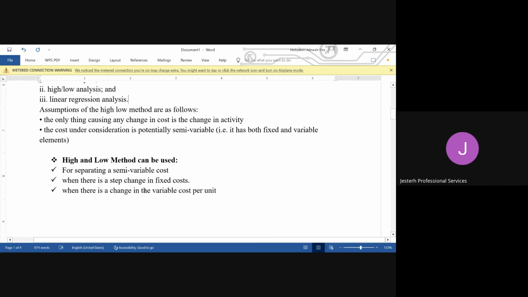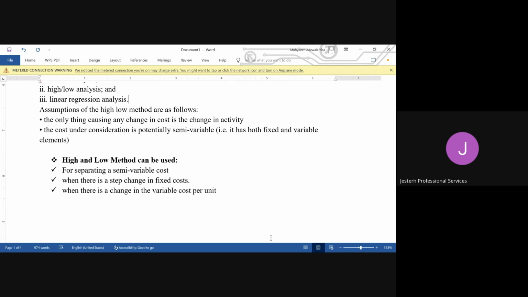Then, the third one is when there is a change in the variable cost per unit. In this aspect, maybe our level of activities is increasing, and then it gives us the opportunity to reduce our variable costs. The variable cost per unit in producing 10,000 products is 3 naira.